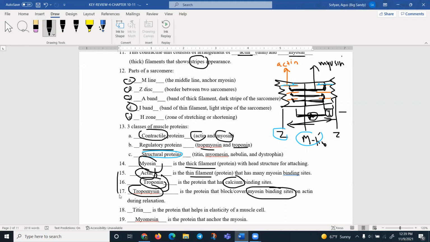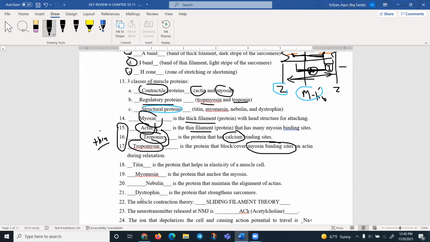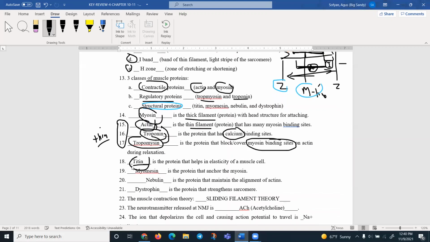So this is actually a group of proteins in the thin filament: actin, troponin, and tropomyosin. Titin, myosin, nebulin, dystrophin are all structural proteins that help hold the sarcomere in place.